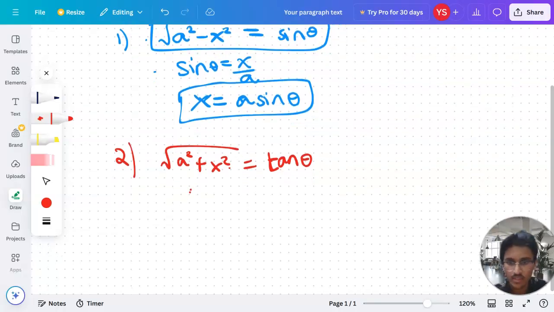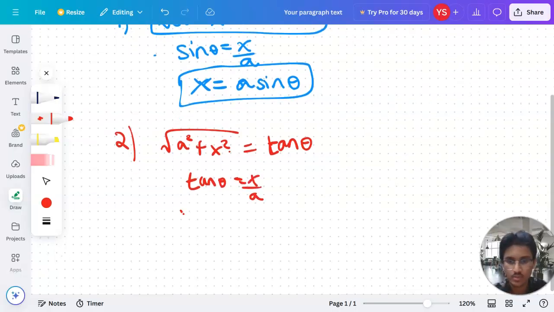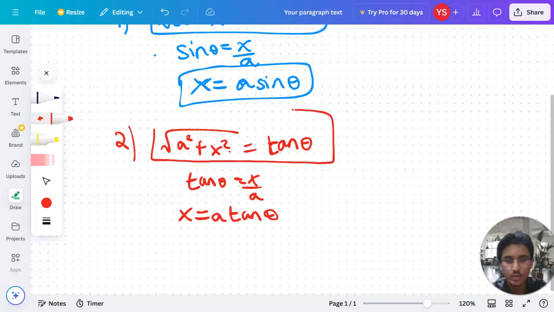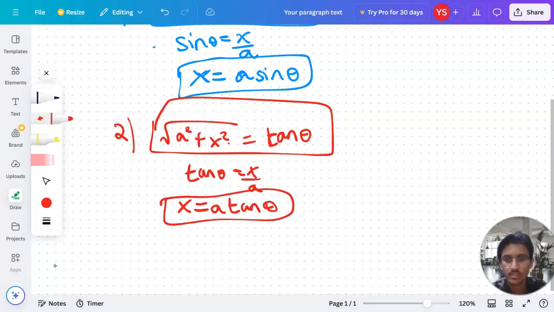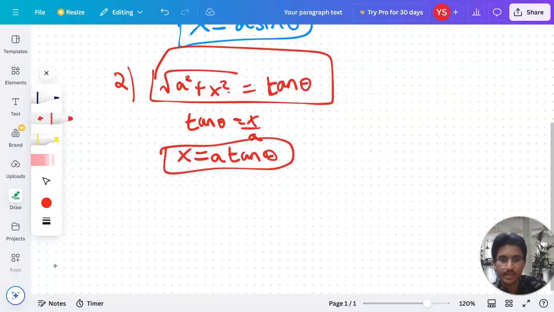We're gonna say tan theta equals x over a, same with sine, and then x is equal to a tan theta. So when you see an a squared plus x squared under a square root, you need to use tan theta.